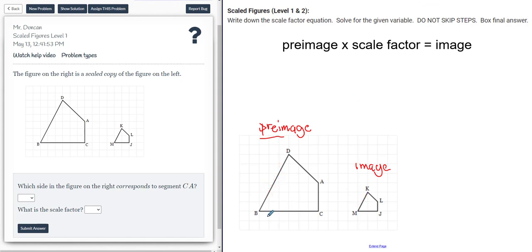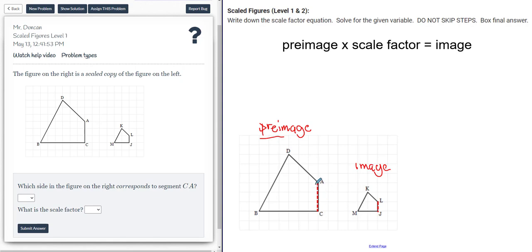So if it was me, I would go ahead and use side BC and MJ, or AC and LJ. Personally, I would probably use the two shortest sides. So I'm going to focus on A to C, and then I'll focus on L to J. That's not what they're asking here for this first thing, but I'm just going to use those sides because it's easy to count the length.